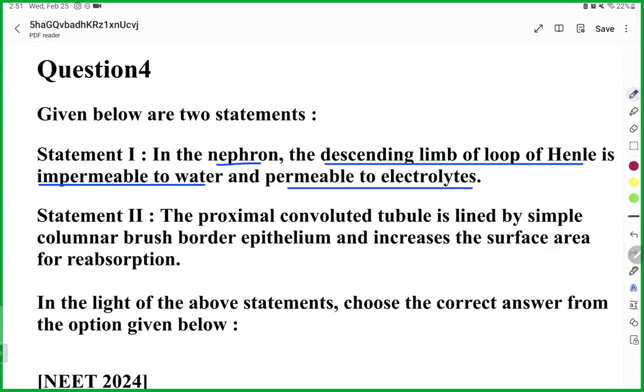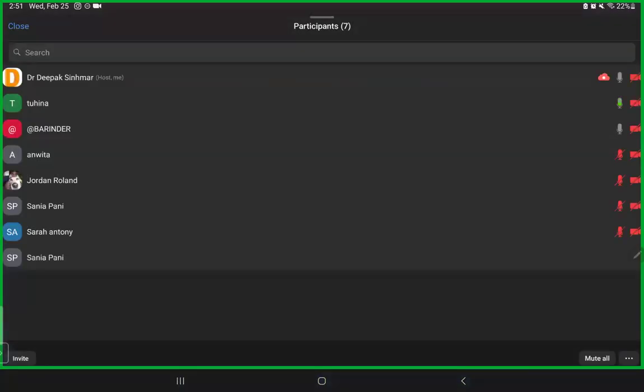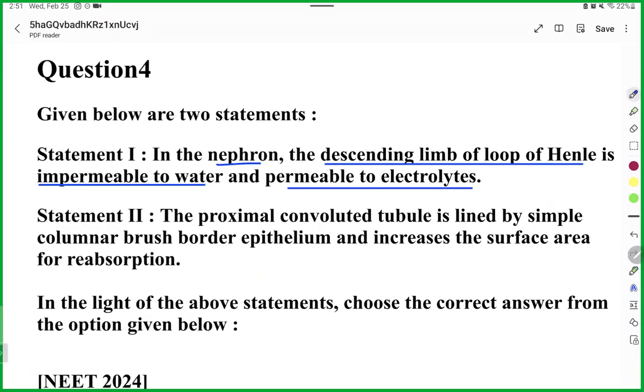Sania, are you there? Tuhina, so the first one is false. First one is false, correct. Sania has a network issue, I guess.